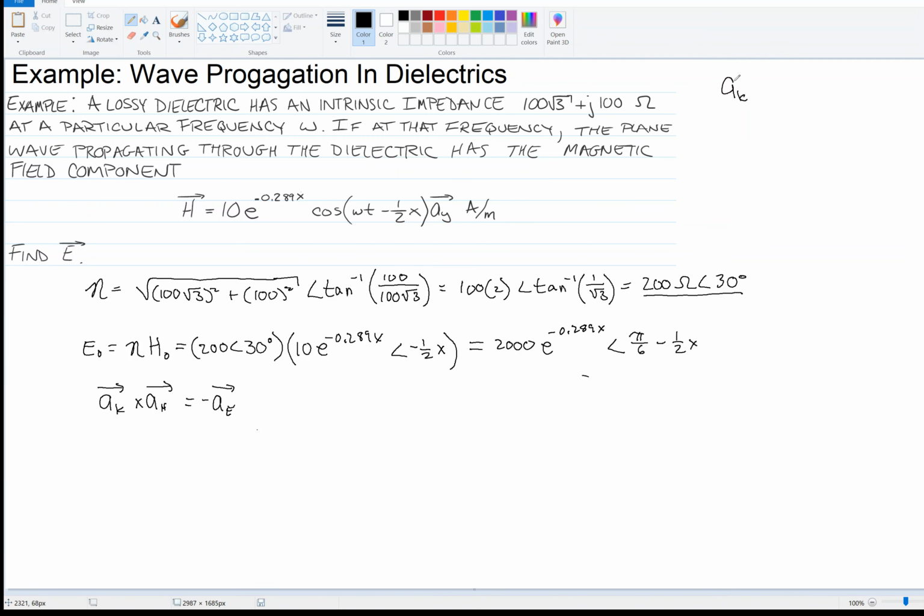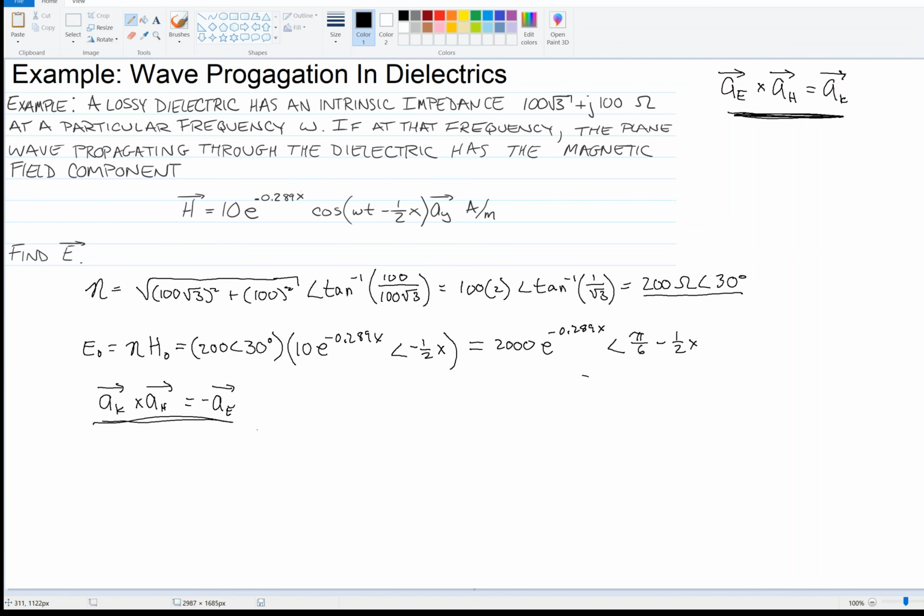If I point my fingers in the direction of E and curl my fingers in the direction of H, then I have the direction of k. With vector and curl identities, we have shown that I can solve this for aE, and I have this relationship here.